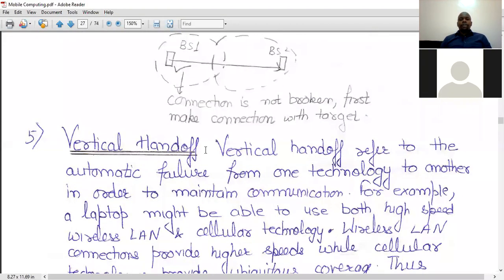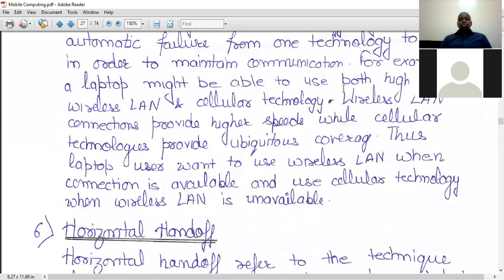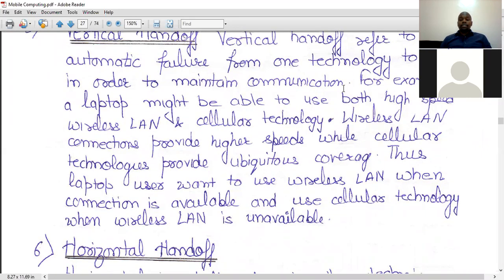Vertical handoff refers to the handoff that occurs when a user is moving away from one device of a higher technological framework to another device of another technological framework.